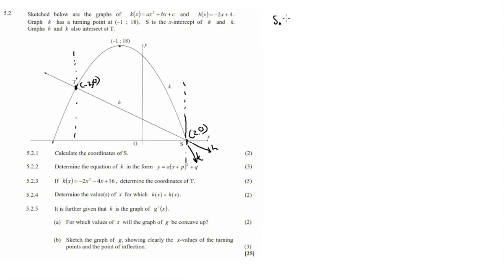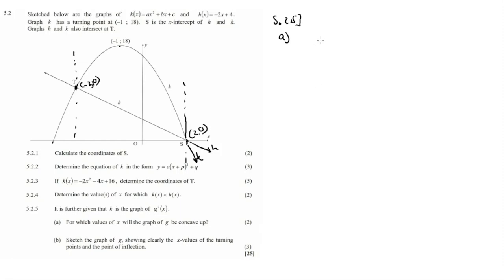In this question we must be very careful. If I understand the statement, you will get lost between a and b. But it is further given that k is the graph of g prime x.